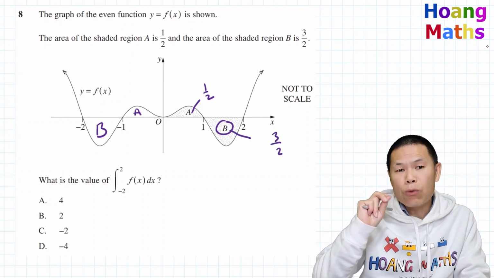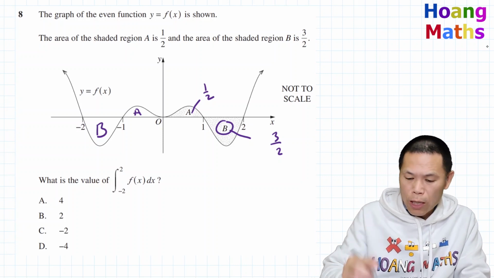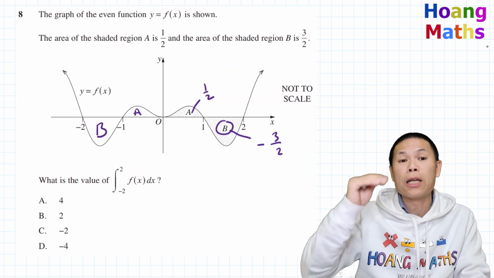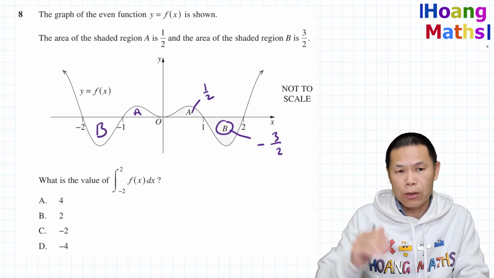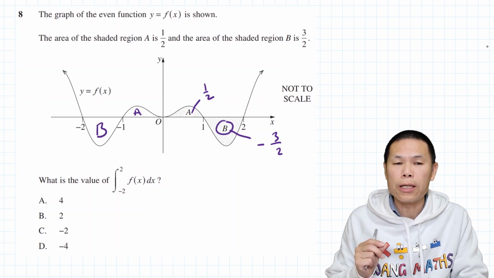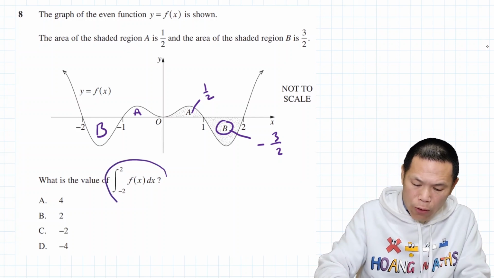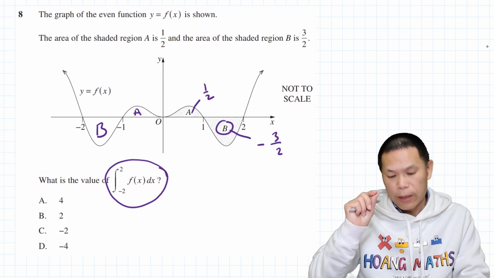But if we integrate from 1 to 2, that is region B, so that gives us a negative because it's underneath the x-axis. So the answer should be negative, right? Because with area, we ignore the negative. Remember that, okay?